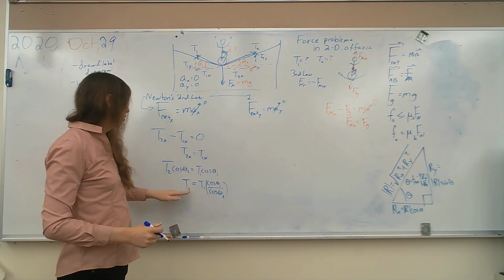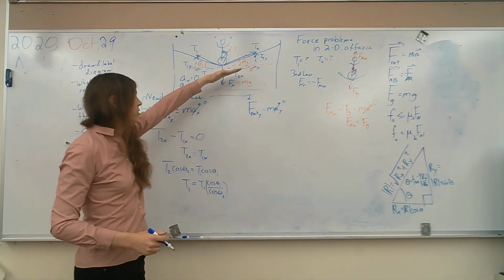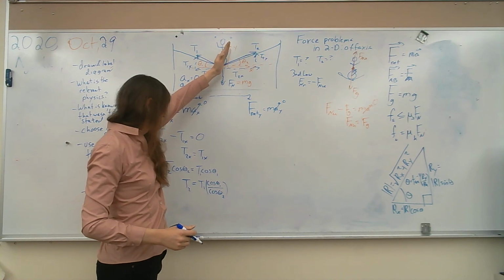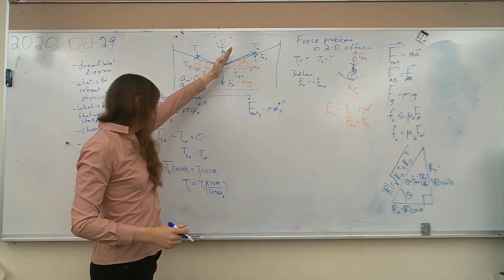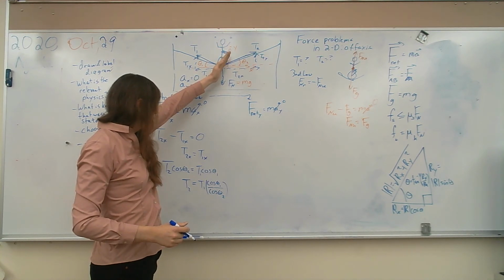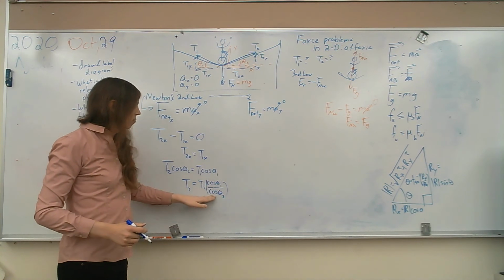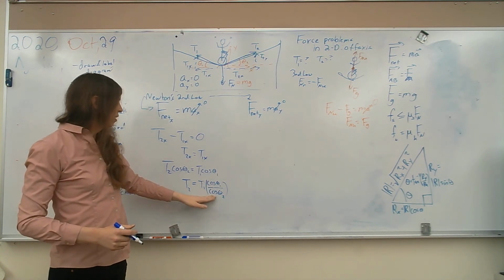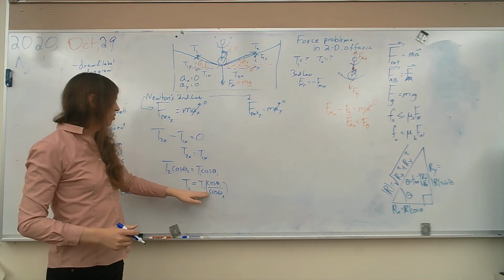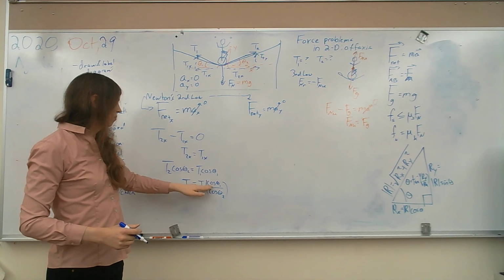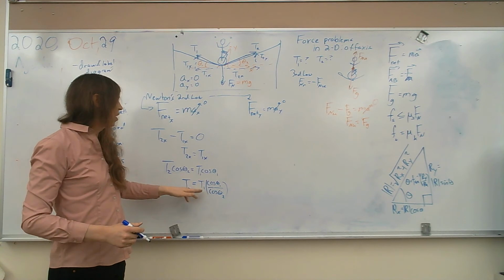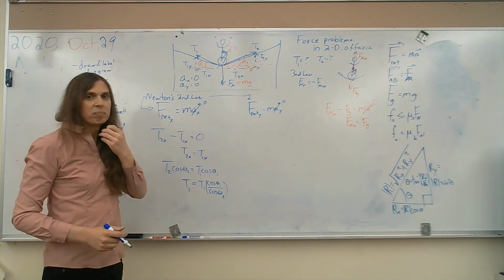If the angle for T2 gets bigger, then the denominator gets larger, and this ratio of T1 becomes bigger, and T2 gets larger.